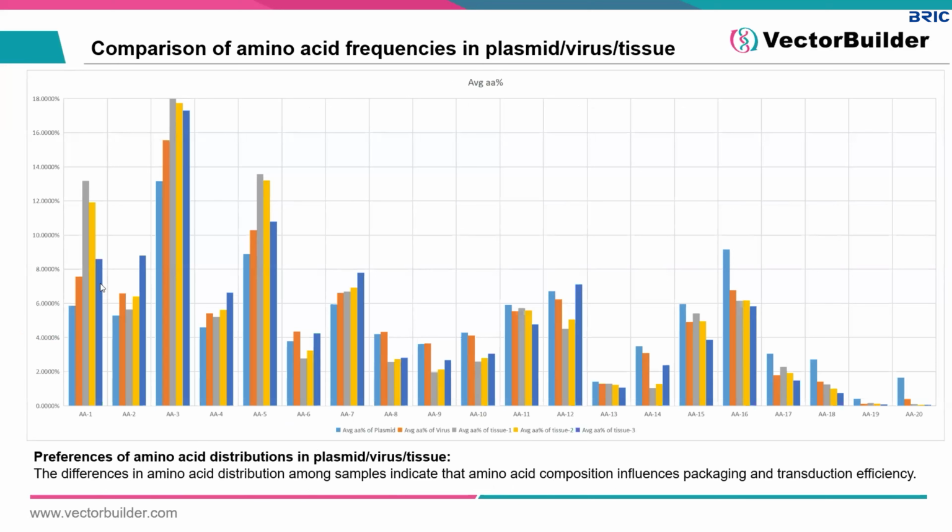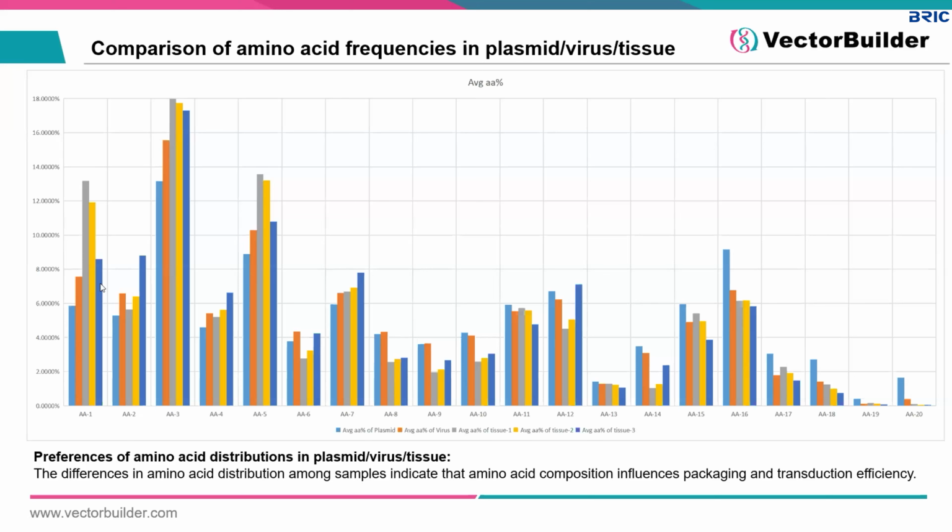We observed a different enrichment in different libraries, and we speculate that due to the different nature or properties of a certain amino acid, it will behave differently in the virus and tissue libraries, because some of them might be pro-packaging but not pro-transduction.